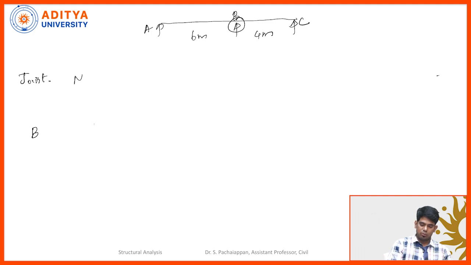From the support B, what members are connected? We have a member BA, we have a member BC. Now I am going to write the stiffness for this.